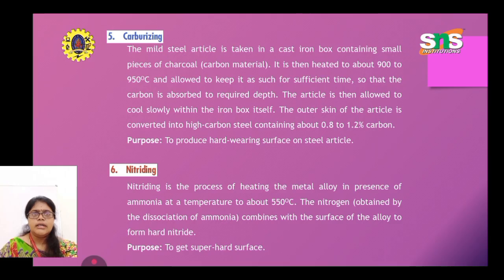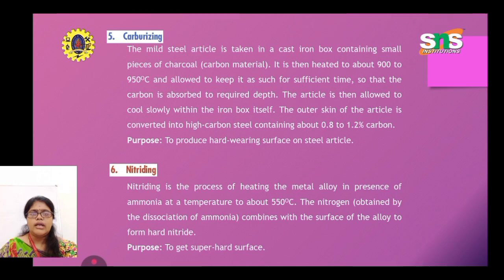Next is carburizing. The mild steel article is taken in a cast iron box containing small pieces of charcoal, that is the carbon material. It is then heated to about 900 to 950 degrees centigrade and kept as such for a sufficient time so that the carbon is absorbed to the required depth.